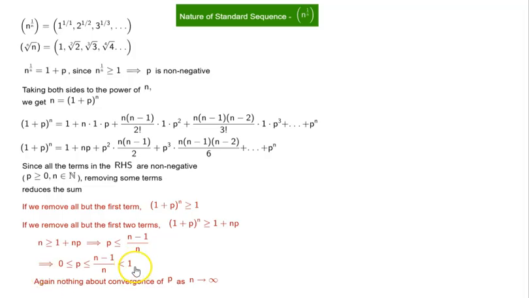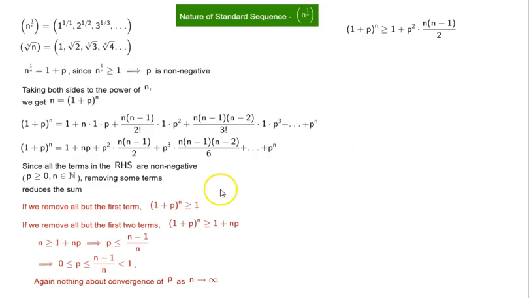So again, it just provides us a range of values, that is from 0 to 1, in which p can lie. So again, nothing about convergence of p as n goes to infinity. So this was not very helpful.